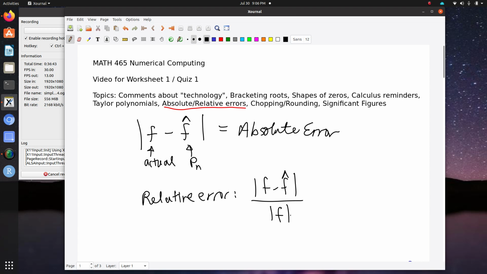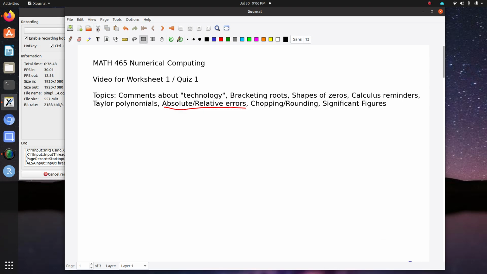Okay? A couple more little review items, things you probably already know, and you just want to make sure these definitions make sense to you. What is chopping versus rounding? What is significant figures? Okay, so if you have a number, I'm just going to make up some crazy number here, and I tell you we're going to round to 4 significant digits, this would be 4 significant digits right here, 5, 2, 3, 9.